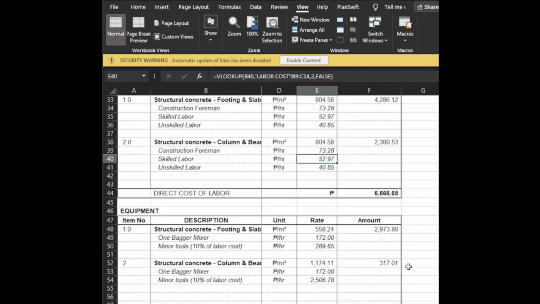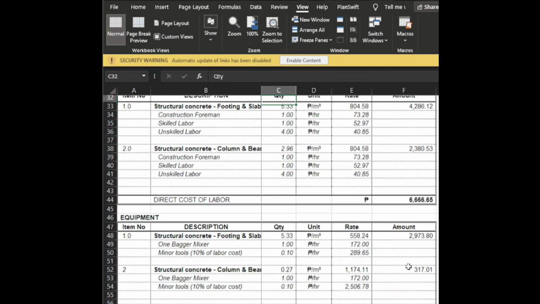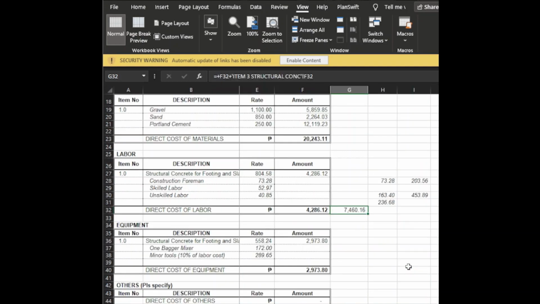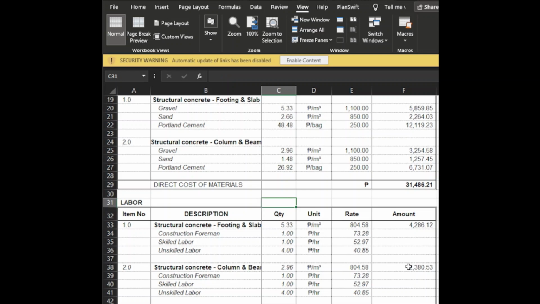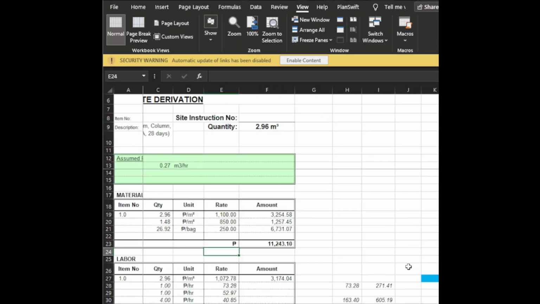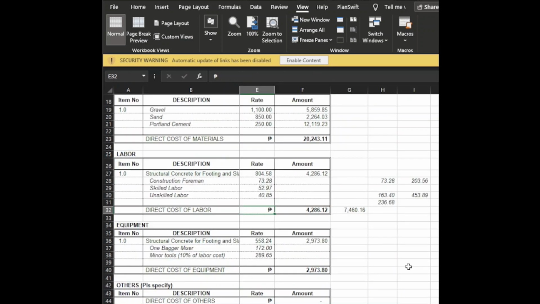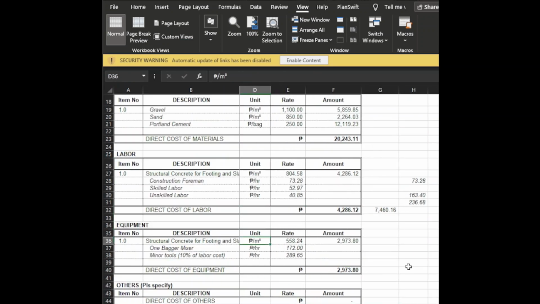What is the problem? Okay, so the first one is 4,286, so it's right. The other one is 3,000. How did it become 3,000? 0.27, maybe. Okay, wait.